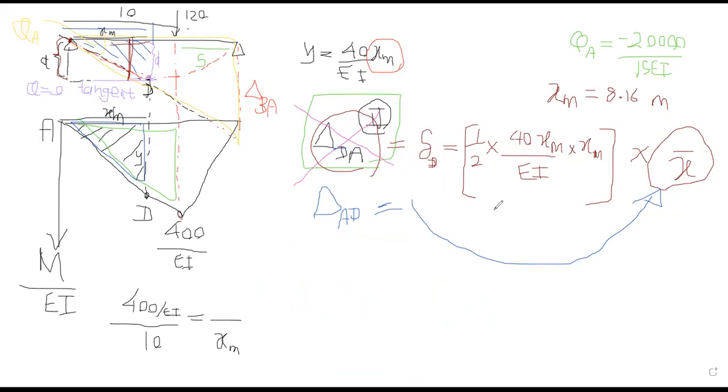So two-thirds of that, two-thirds of xm. So once you simplify this, you will end up with this equal to 4245 over EI, right?